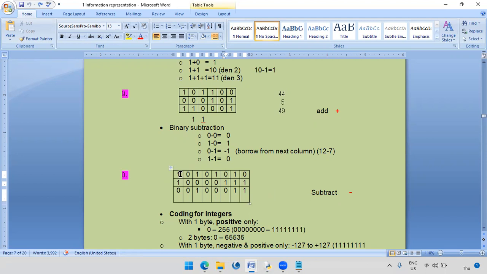So 128 plus 32, 128 plus 32 is 160. 160 plus 8 is 168, and 2 is 170. So that's 170 and minus how much? Minus how much? 1, 2, 4, 8.